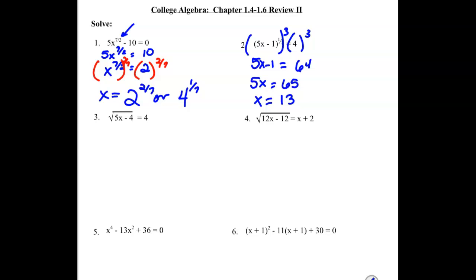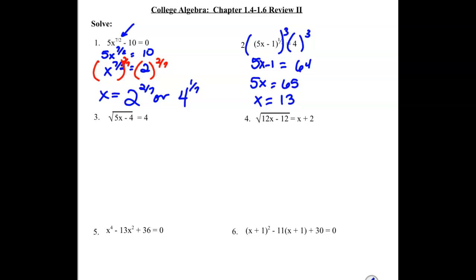I do want to caution you a little bit when you have roots like this. If when you do the reciprocal power, you're ending up with an even root, you have to include plus minus.